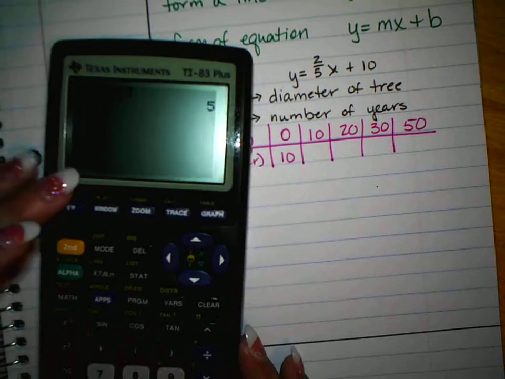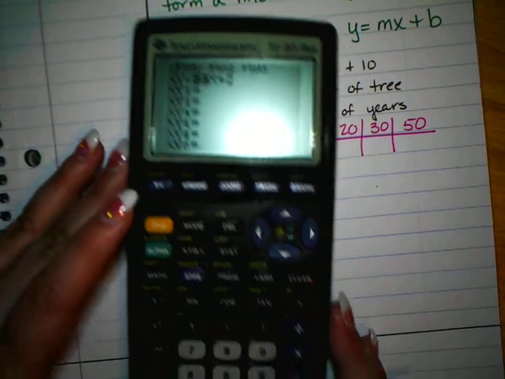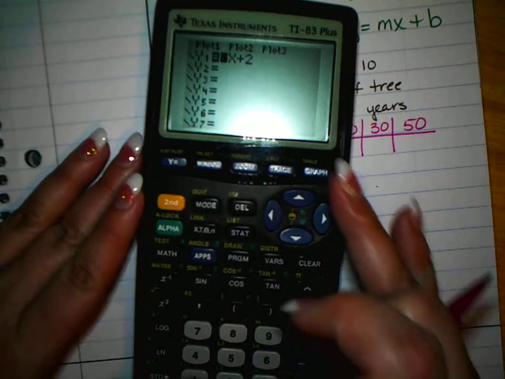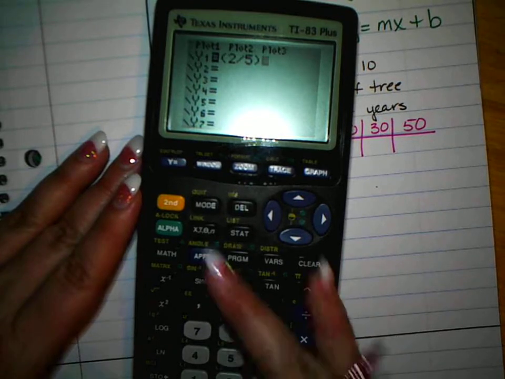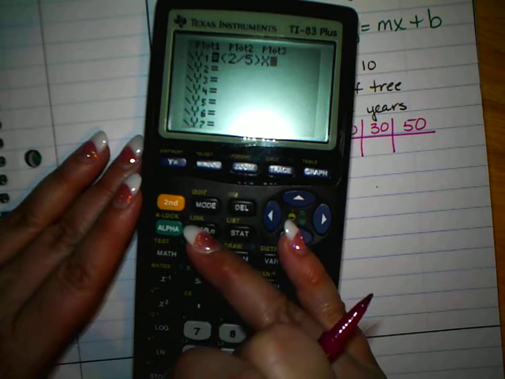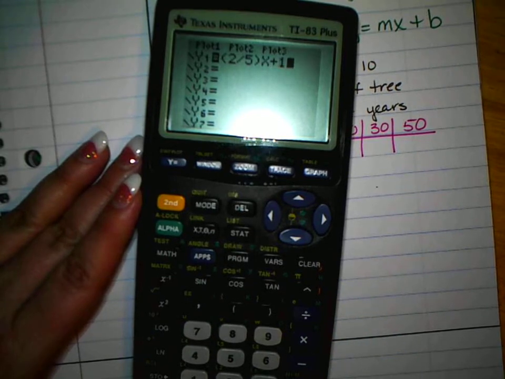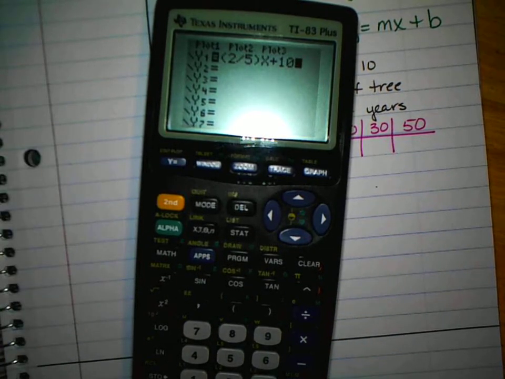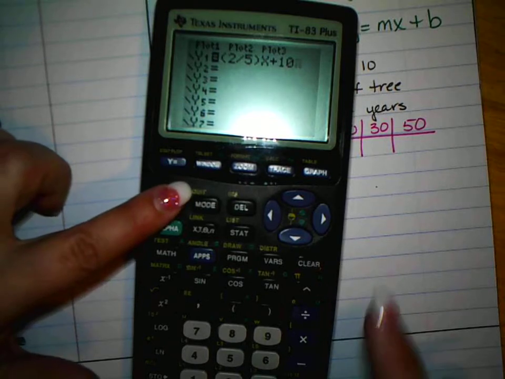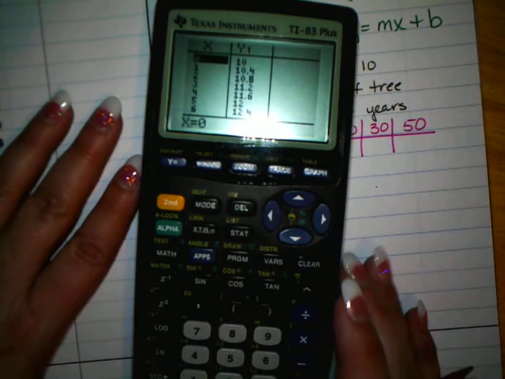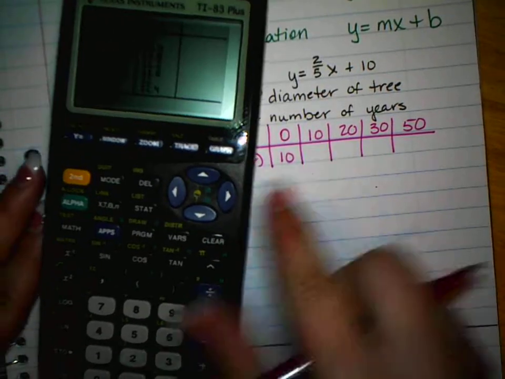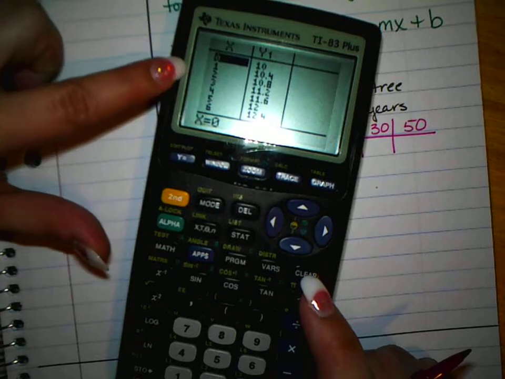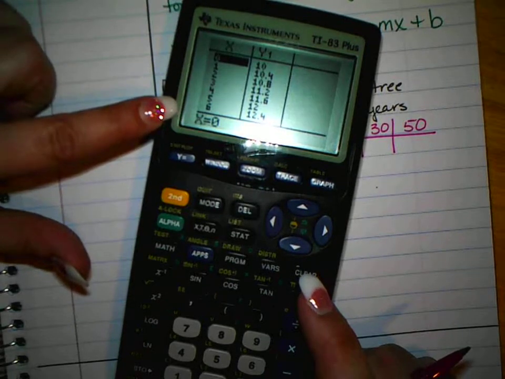is to go into y equals, and I'm going to put in that equation. Remember, fractions go inside parentheses. We actually have an X button. And if I just want the table, I can go second graph. And 0 is 10, which is how we started. And I want 10 years. But if you notice here, it goes by ones.